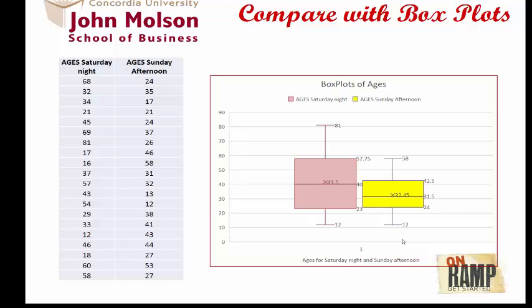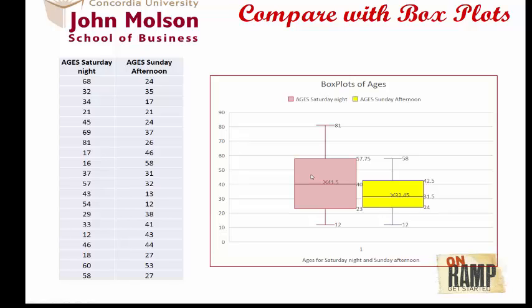I note that the middle 50%, the IQR, the interquartile range, is much bigger for Saturday night than it is for Sunday afternoon. On Sunday afternoon, there seems to be less variation in the age group than on Saturday.